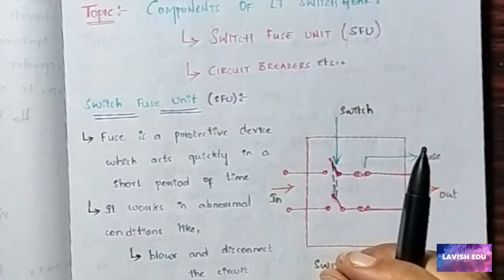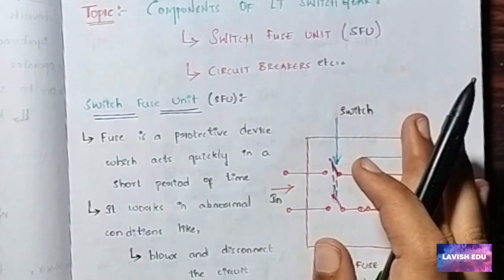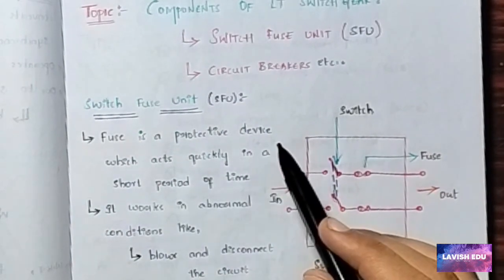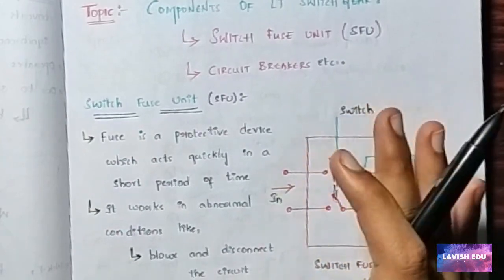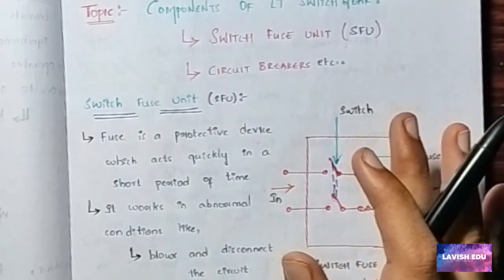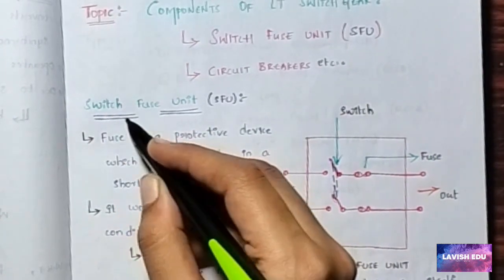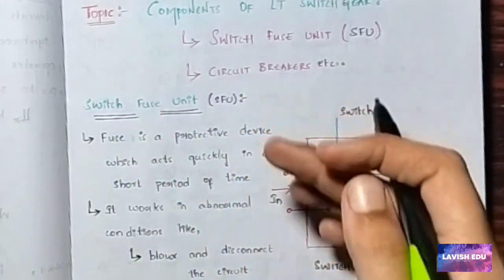When a wrong current enters our mains or these junctions, the fuse automatically works in a very short period of time and splits the mains. Fuse plays a crucial role in our day-to-day life. This is the first point.